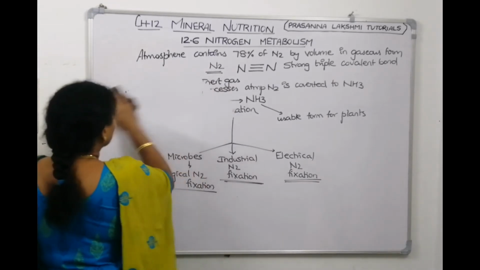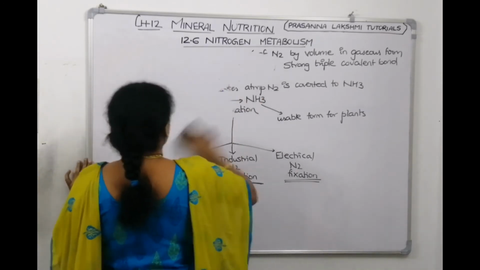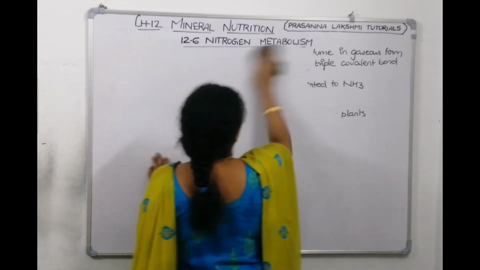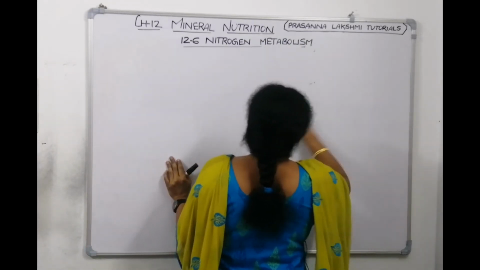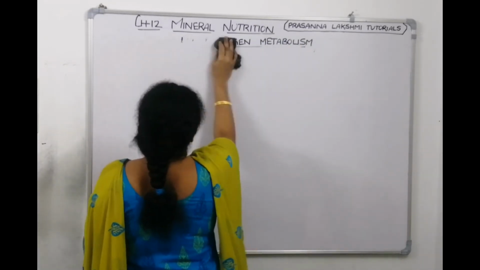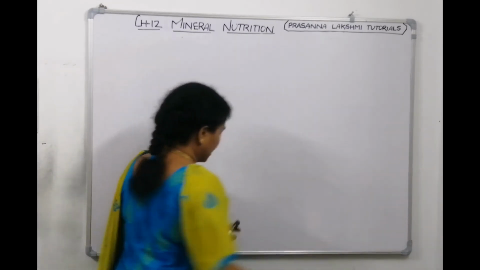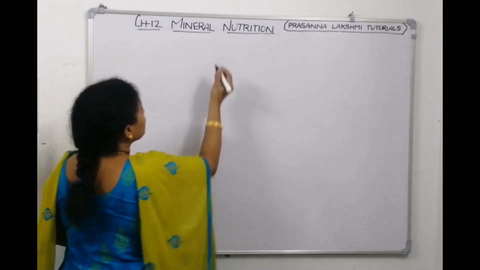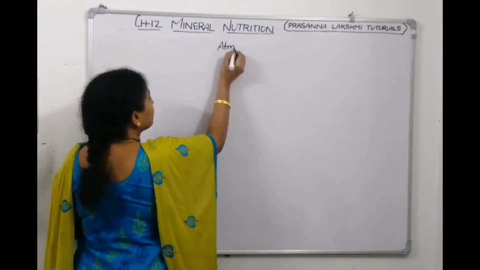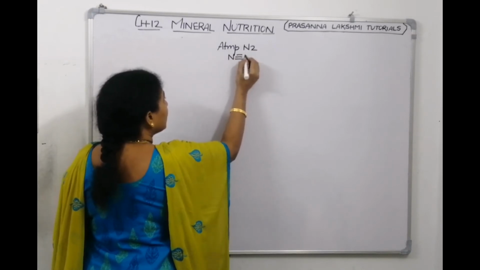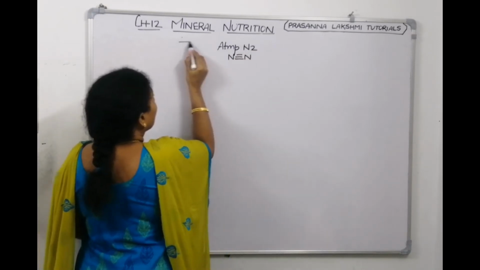Right, so we'll see the nitrogen cycle now. Through that nitrogen cycle, we will try to understand the complete process. Atmospheric nitrogen, how is it? In this form.